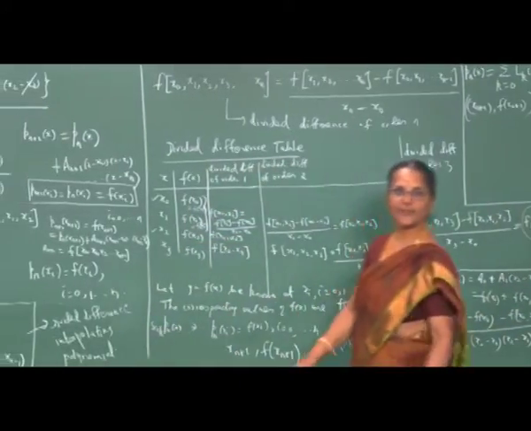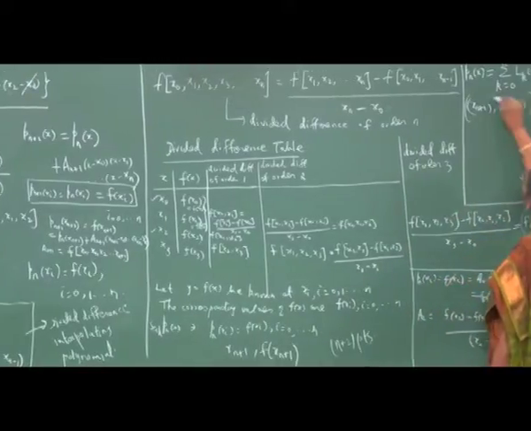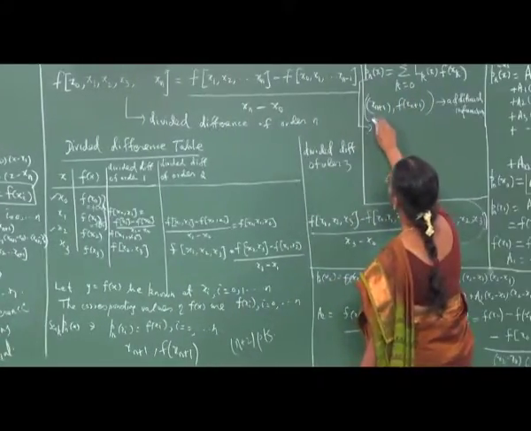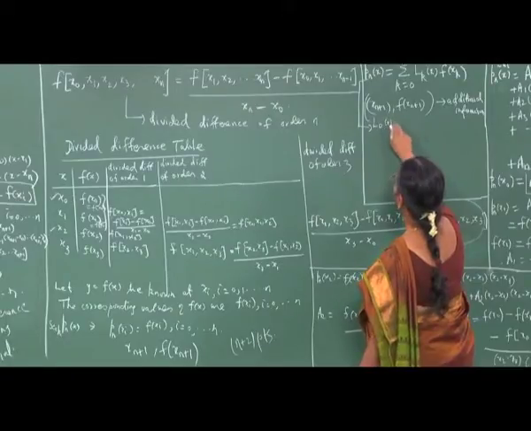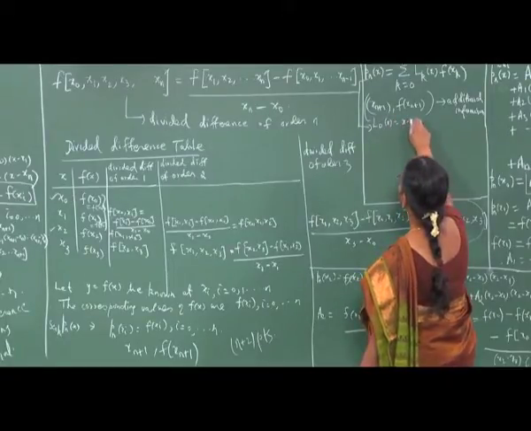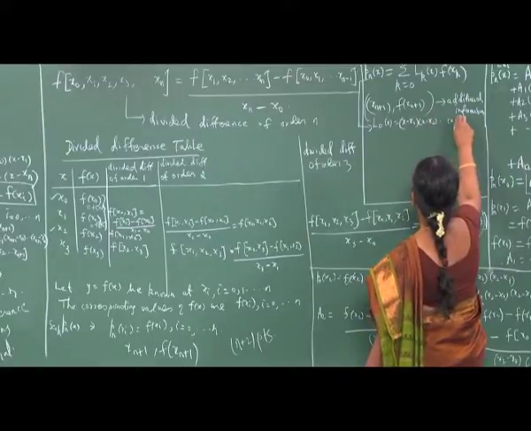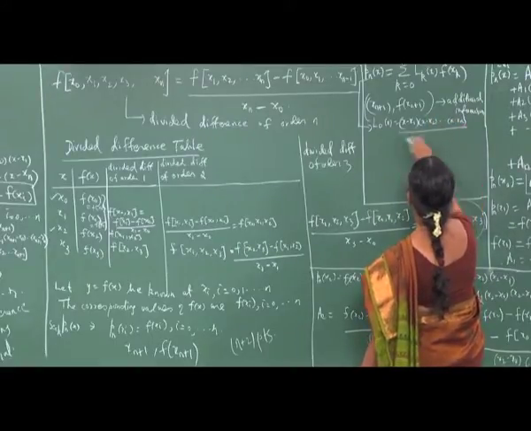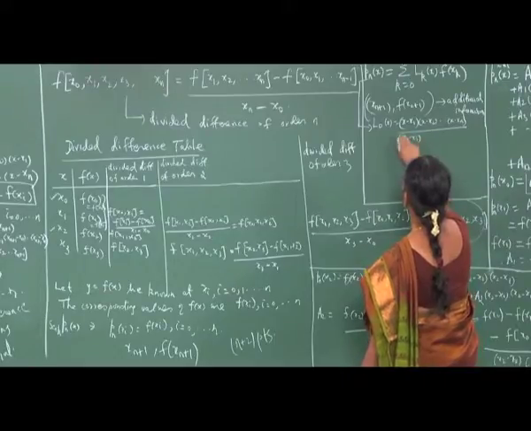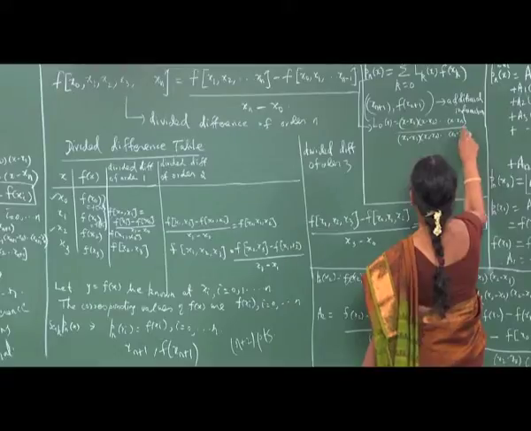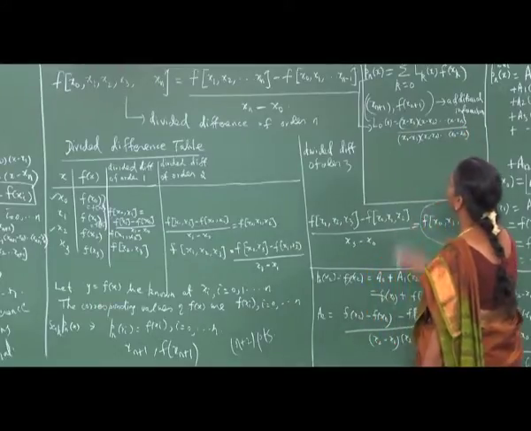No, it is not possible, because for example, in constructing Pn of x, what was your L naught of x? It was x minus x1 into x minus x2, etc., x minus xn divided by x naught minus x1 into x naught minus x2, etc., up to x naught minus xn.